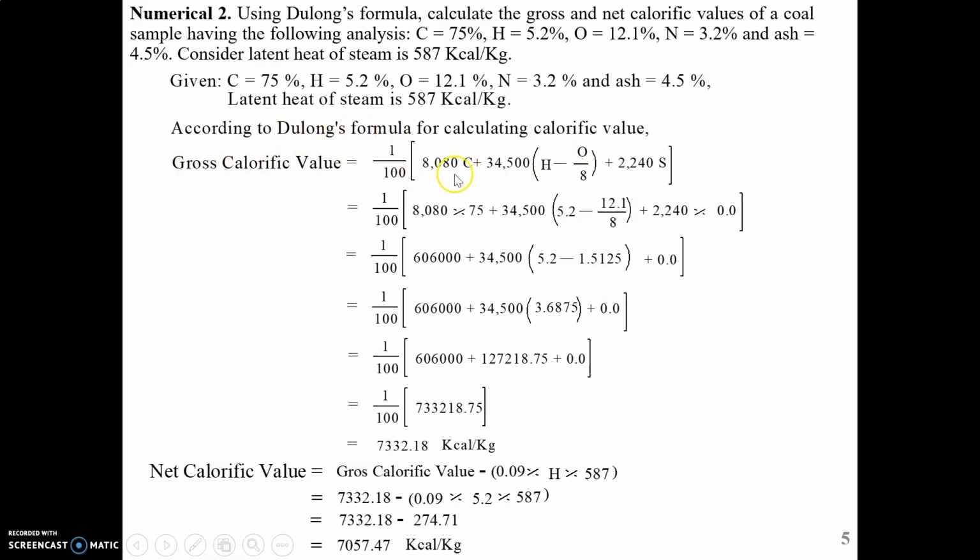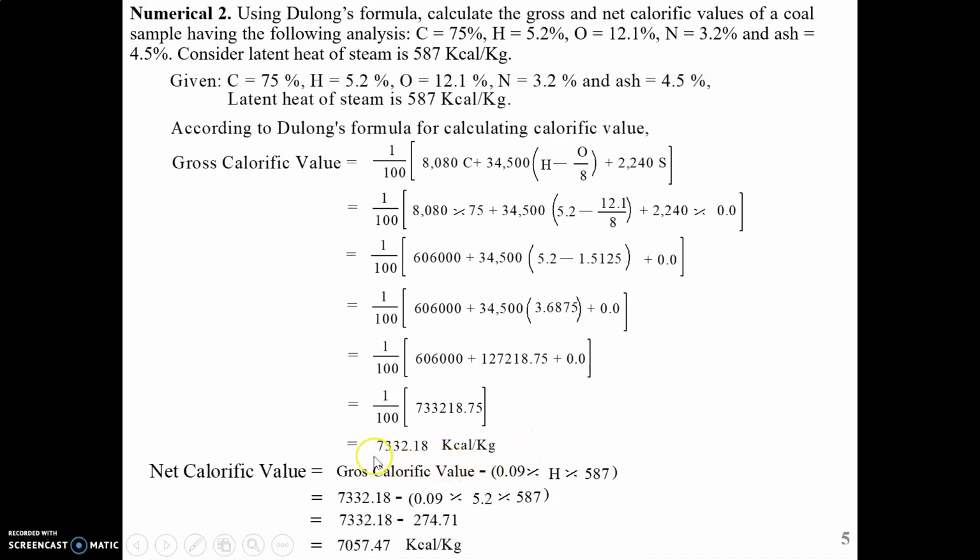And if we put the values for percentage of carbon, hydrogen, oxygen, and sulfur in the formula, and solve the numerical step by step, finally we will get the answer, that is 7332.18 kilocalorie per kg.